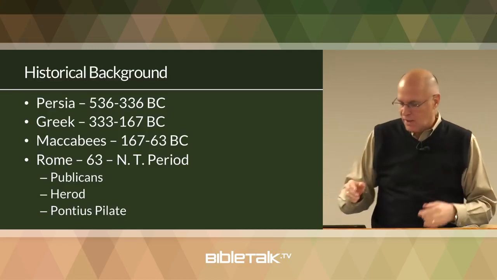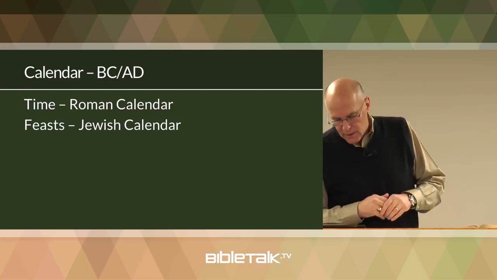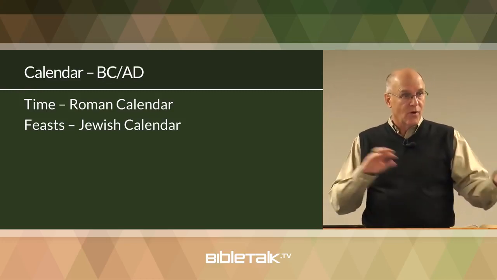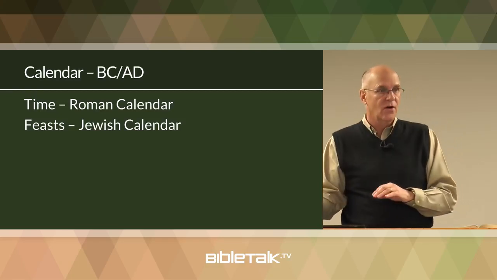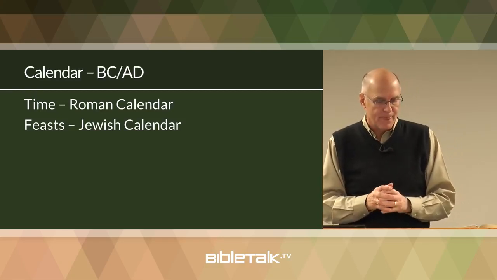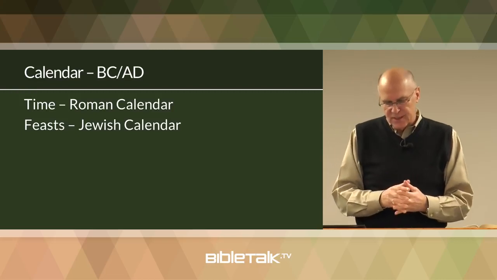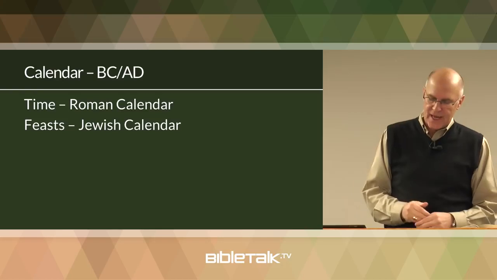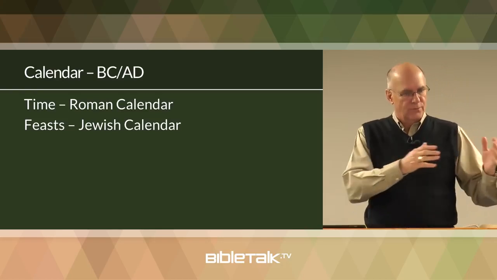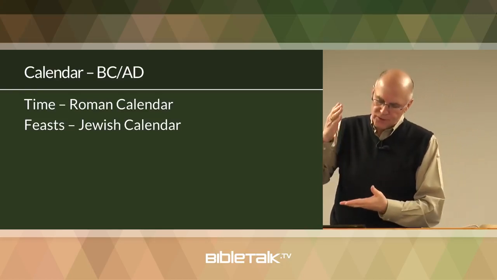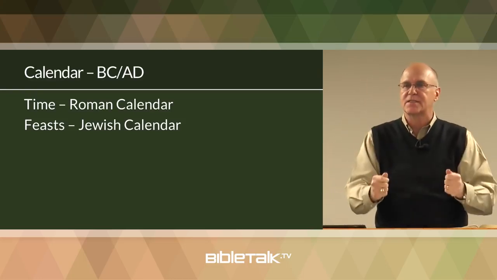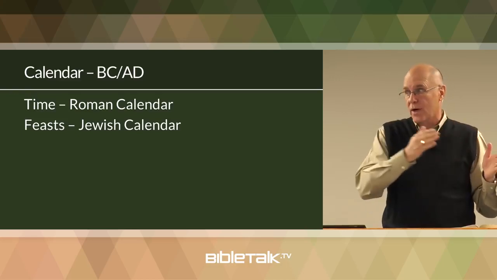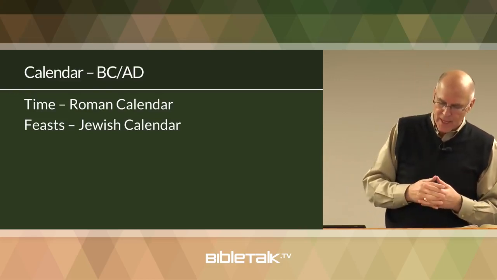All right, now we need to talk about the calendar. The calendar, you know, BC, AD, before Christ, the year of our Lord, okay? During the time of Jesus, the time at that time was calculated according to the Roman calendar. The feasts were celebrated according to the Jewish calendar, but the years were according to the Roman calendar, okay?